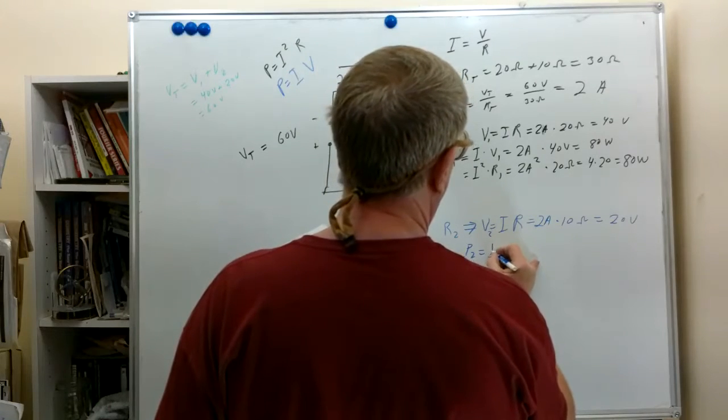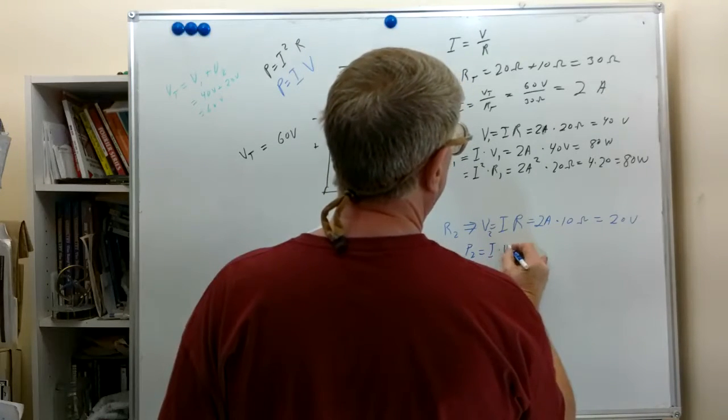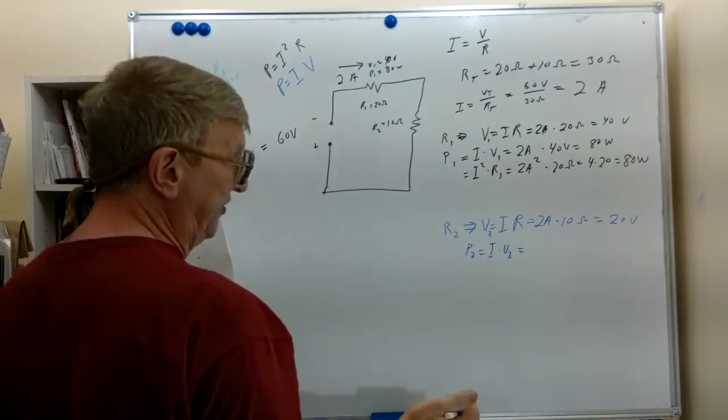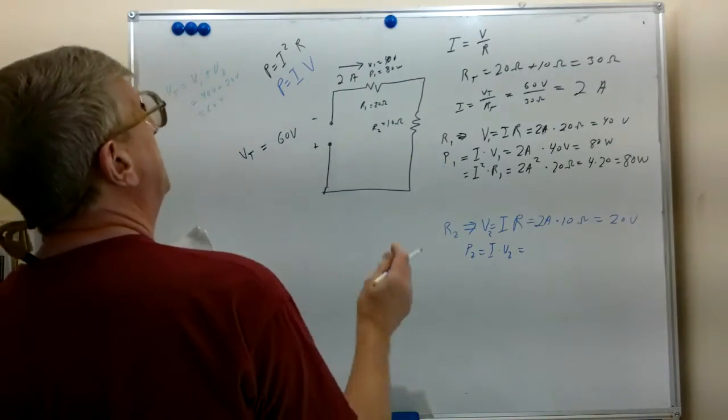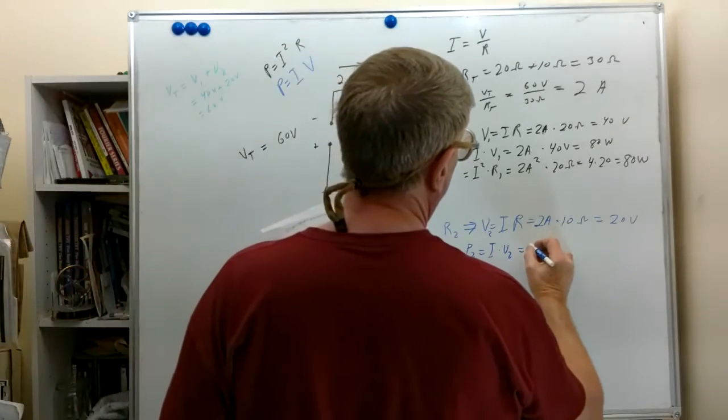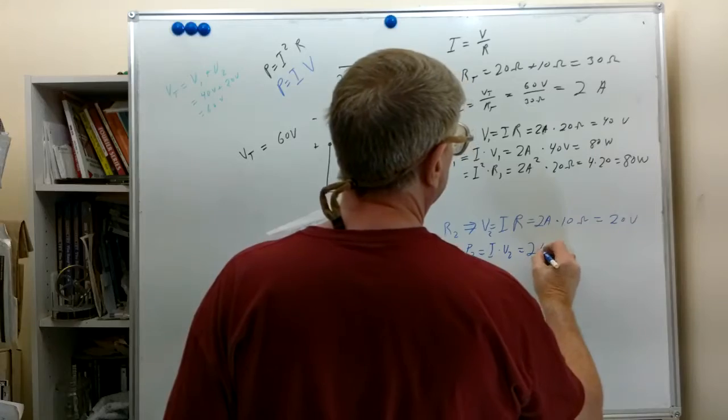So we're going to say I, and now we're going to put V2, because the current's the same for both of them, so we only have a single value for I, but we do have a different voltage across R2. And I, so it's still 2 amps.